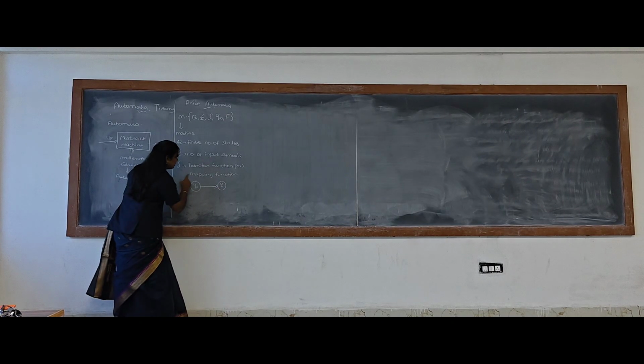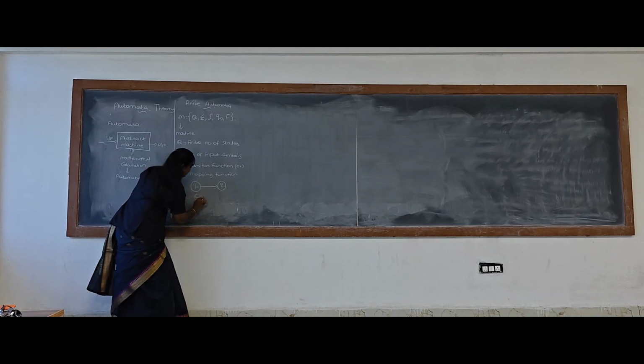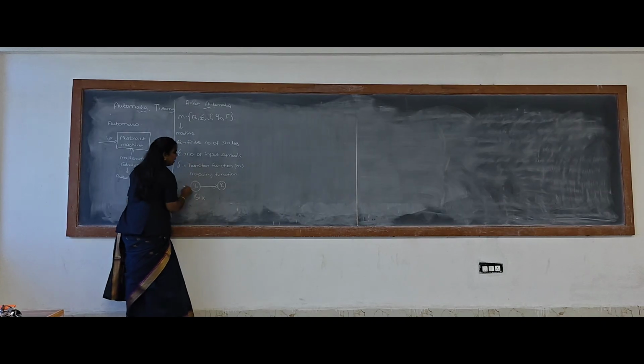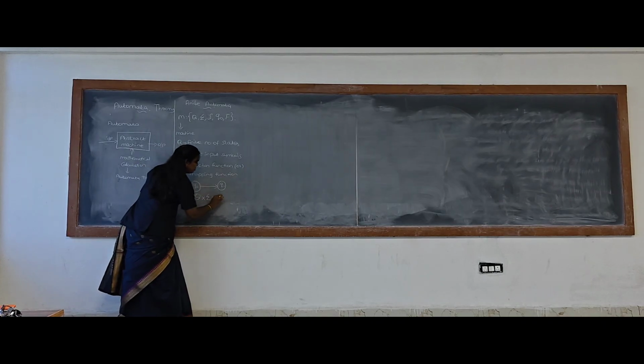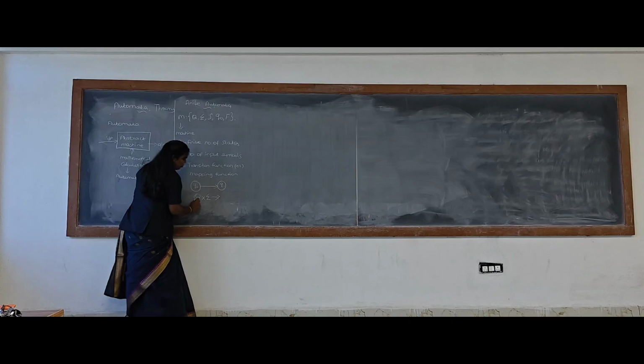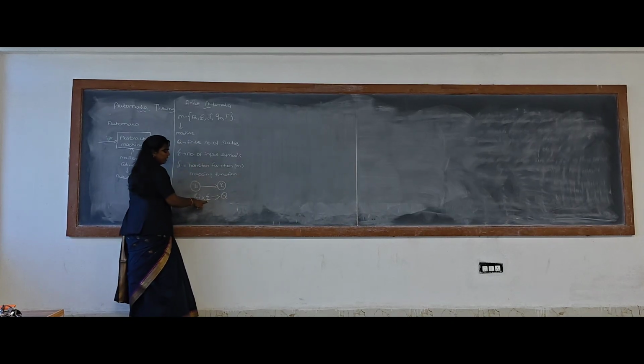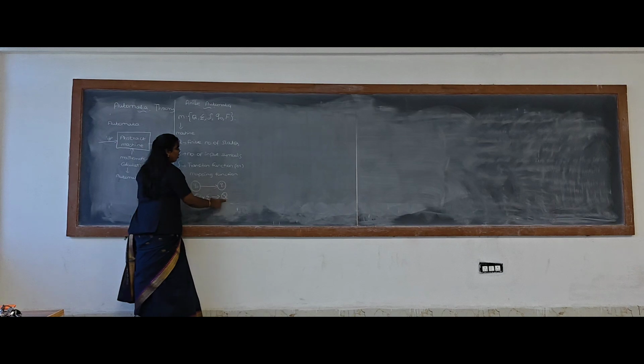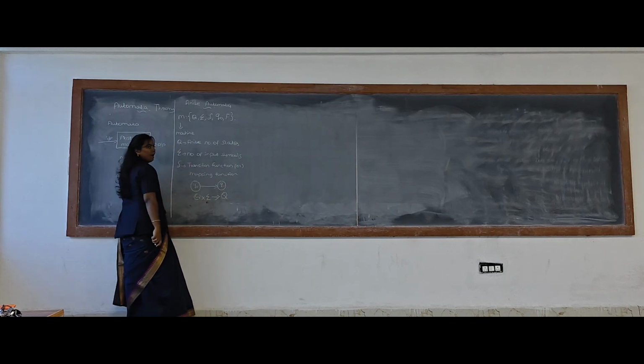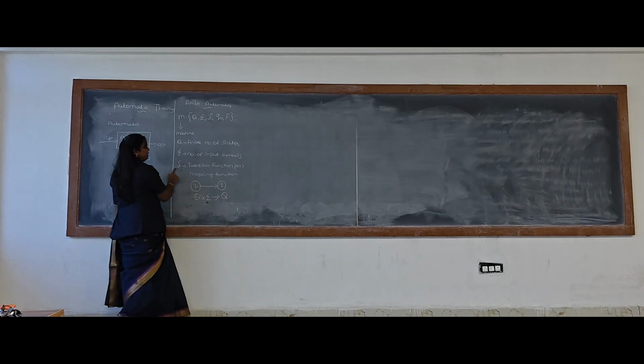We can represent it as Q into sigma, where Q is the set of states and sigma is the input symbol. So when we move from one state to another state by using an input symbol, this is called the transition function or mapping function. This is called delta.